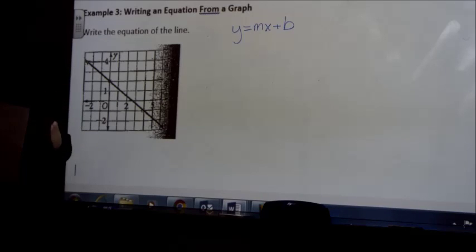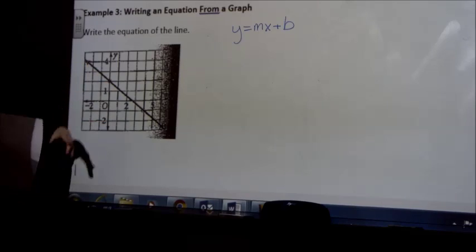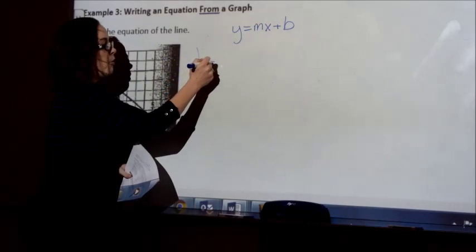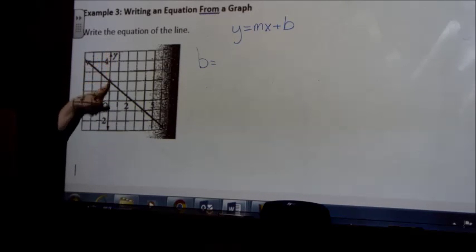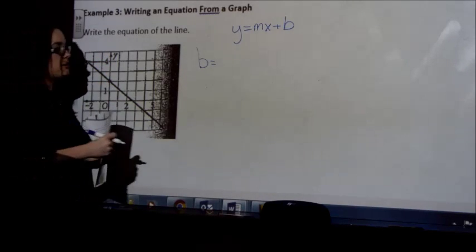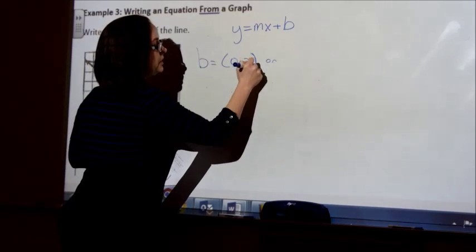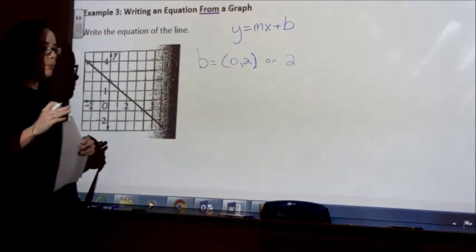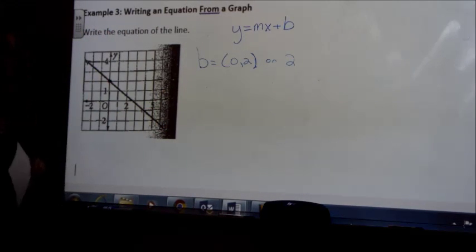So I think the easiest one to find, and the first one that I'm going to find, is b. And that's our y-intercept. And b simply equals the point where our line crosses our y-axis. And in this case, it's (0, 2). Or we could simply say 2. So b is 2 in this case because it crosses the y-axis here.